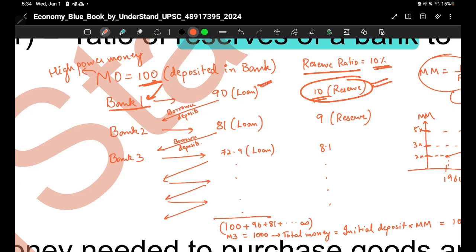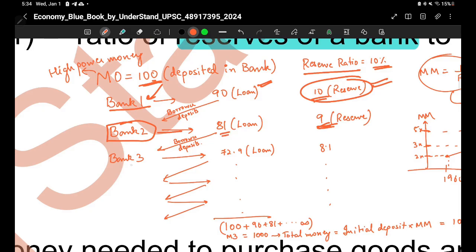Now someone will take this 90 rupees loan and deposit it in bank 2. Again, how much is the reserve ratio? 10%. 10% of 90 is 9. So 90 minus 9 is 81. So 81 rupees is given out as loan.